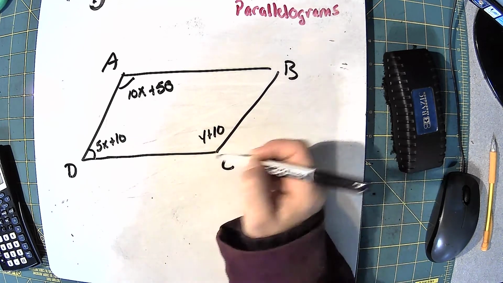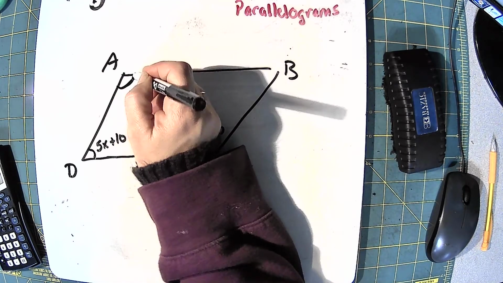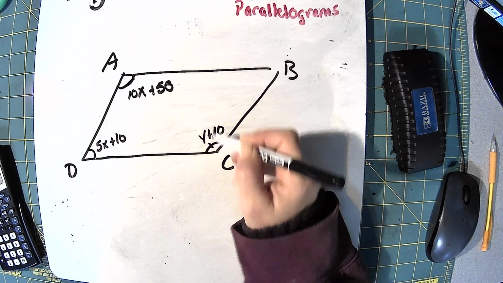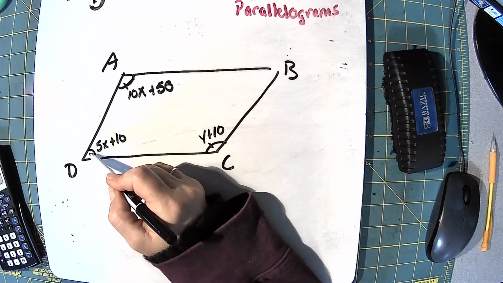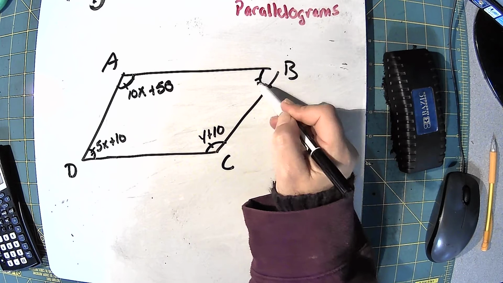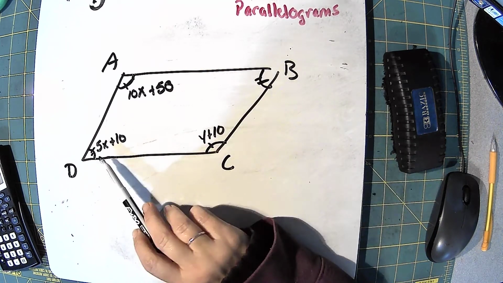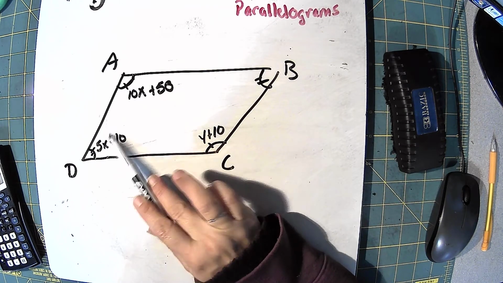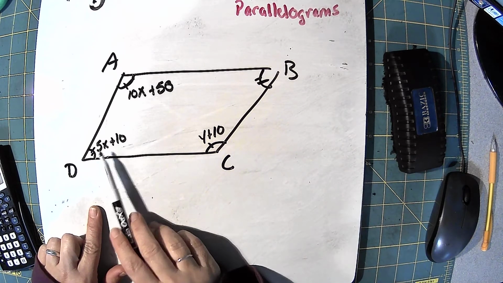Okay, so we know that angles A and C are equal, and angles D and B are going to be equal. We also know that this one and this one have to add together to make 180. So we're going to use that to help us.